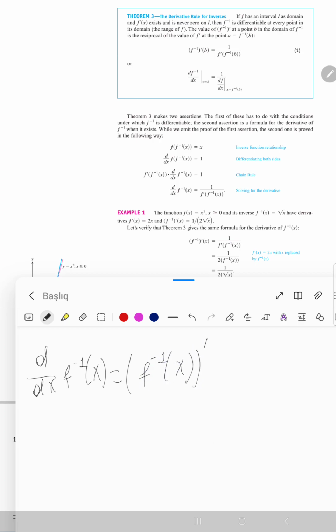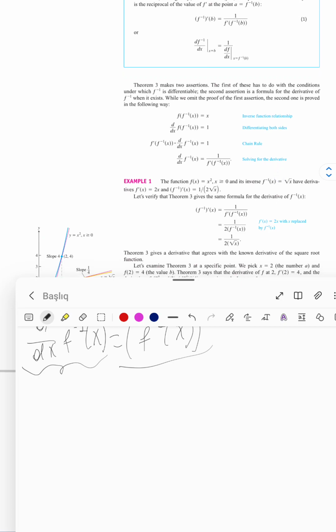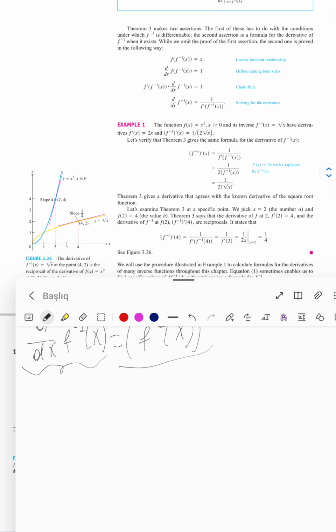Please never confuse this. When you see d over dx f inverse x, don't say, oh my god, what is it? It's a derivative, nothing else. And it equals 1 over f derivative at f inverse x. It's easy to prove, just a few lines.